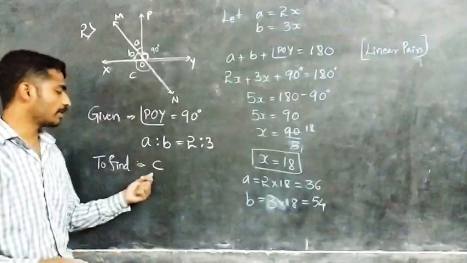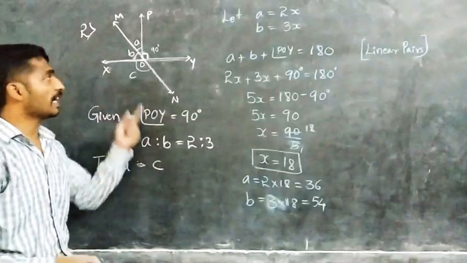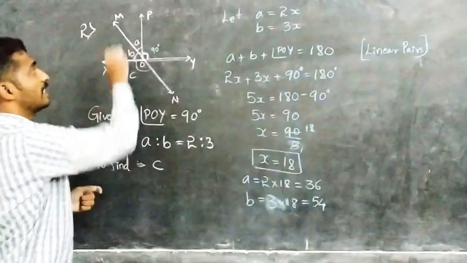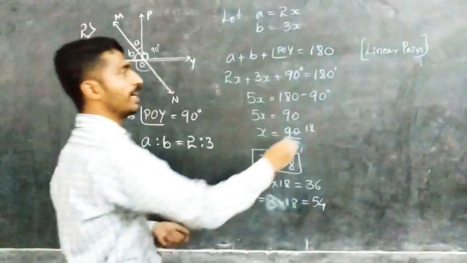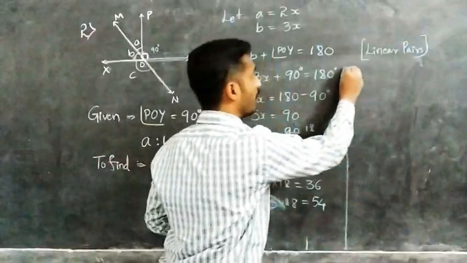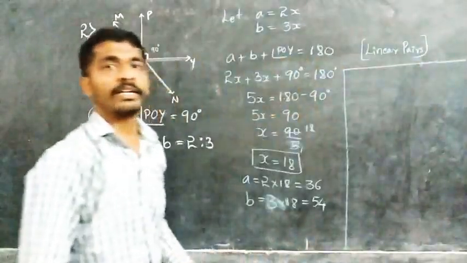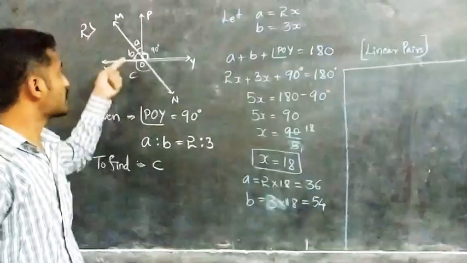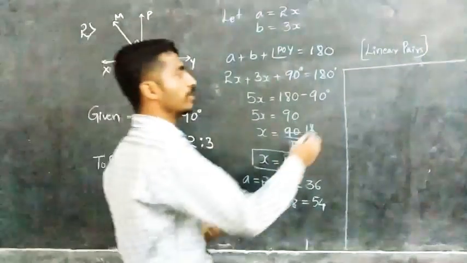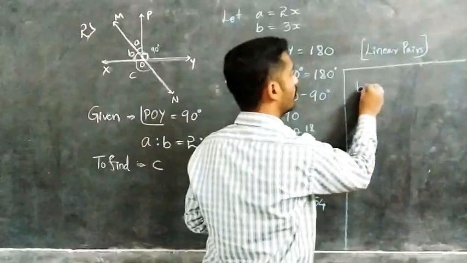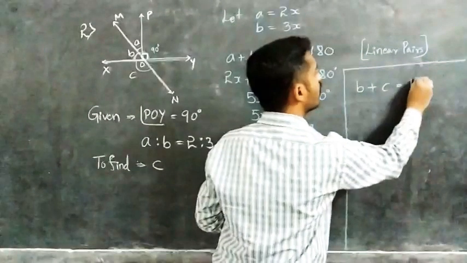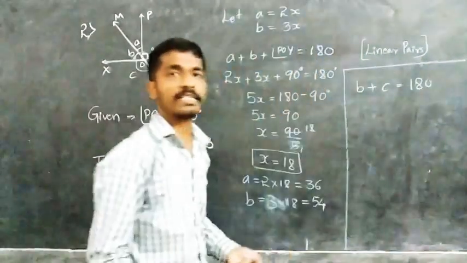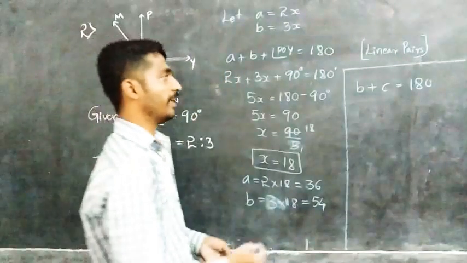Still we need C. Just again you see B and C on MN. So B plus C, what we will get? B plus C equal to 180 degree. What is the reason? It is also linear pair.